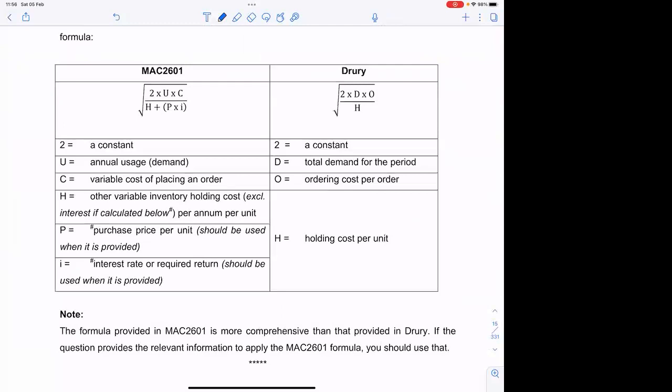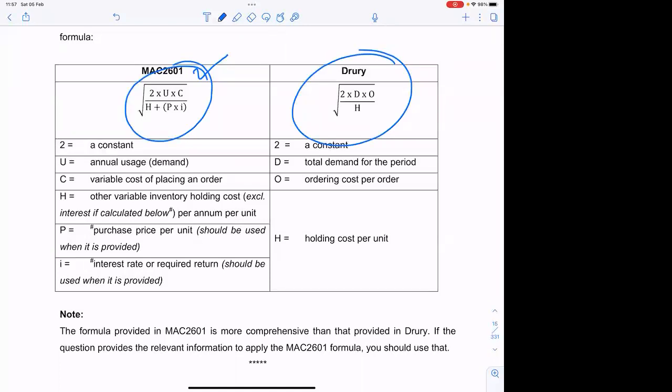The study guide is just showing you that in MAC 2601, we used to say the formula is 2 multiplied by the annual usage, which is your demand, multiplied by C. Are we together? So this is just what you have been doing in the past. If you have forgotten, we will allow you to attend your MAC 2601 to remember.